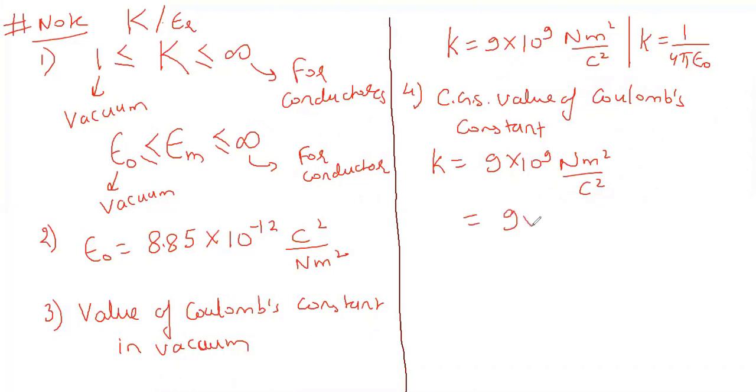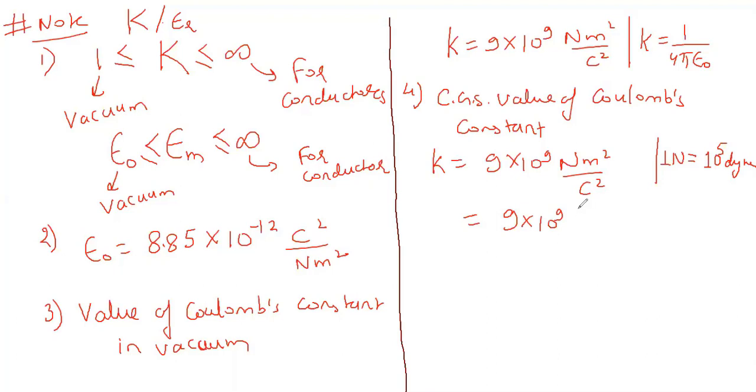So as you can see, 9 into 10 raised to power 9, and I hope you will be remembering this: whenever we convert 1 Newton, the SI unit of force, to the CGS unit of force, 1 Newton will be equal to 10 raised to power 5 dyne. Dyne is the CGS unit of force.